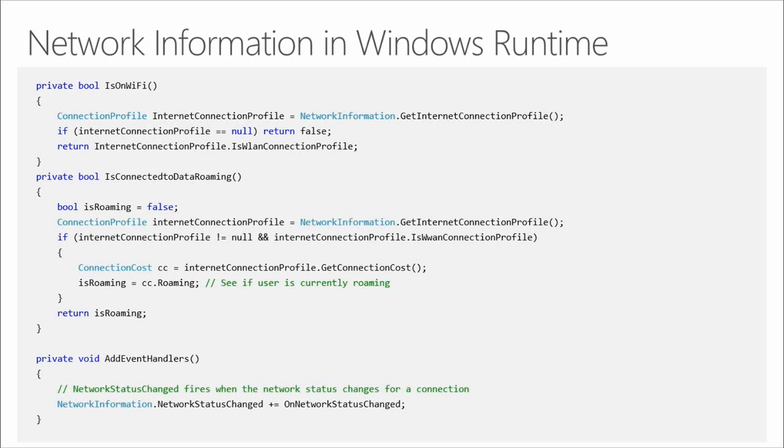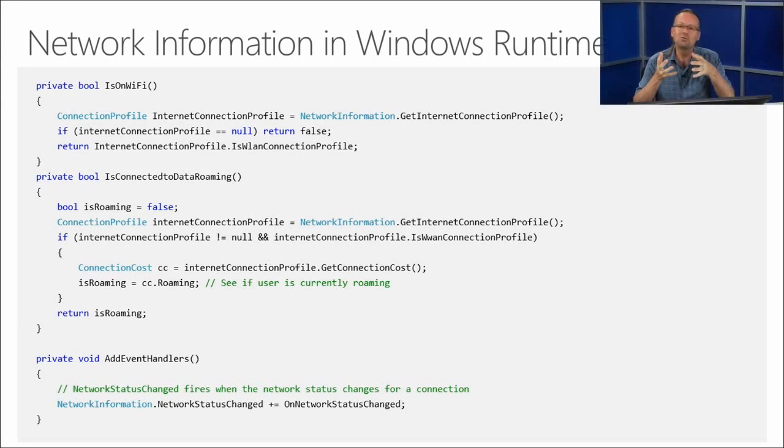So then if the internet connection profile is WWAN connection profile, that means we're on a cellular network, and then you can drill down. I'm looking at the middle method here, and you can go and get the connection cost, the InternetConnectionProfile.GetConnectionCost, and that object has a roaming property on it, so you can find out whether you're currently roaming.